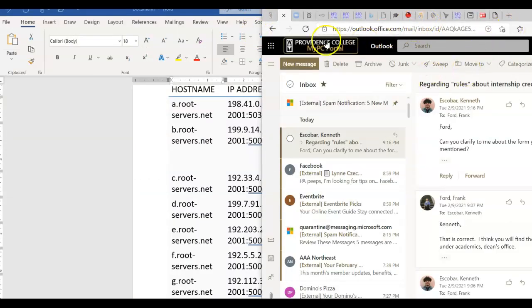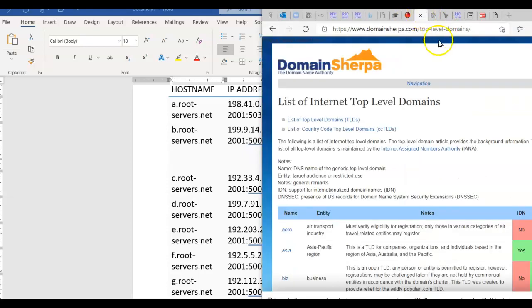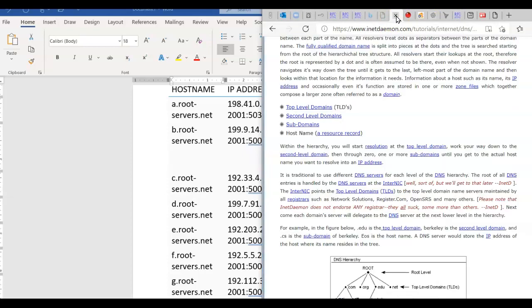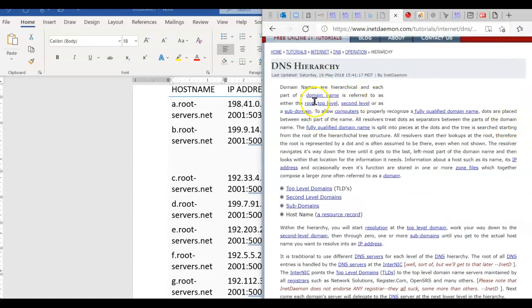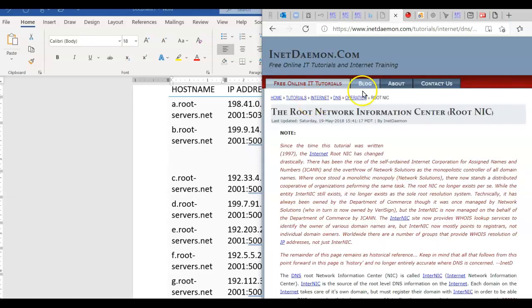Okay. As you can see, I had a lot of places, so I'm going to have to see if I can find the one I want. No. Yeah, that one can do it. No, it's not the one either. Try this one. This shows you what we're going to be talking about in a minute, the hierarchy. And I want to go to the root, and I want to see if I can get one of them.